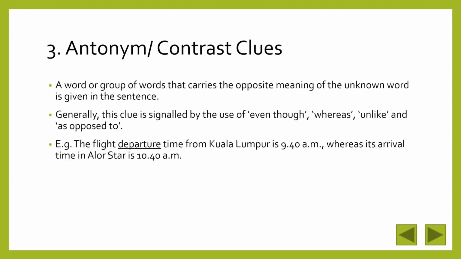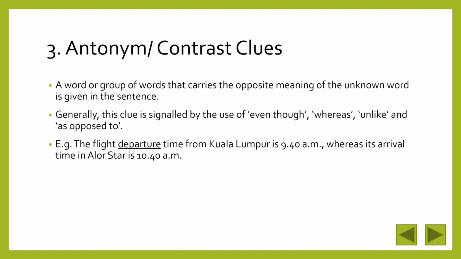Okay, and then this is another way around, antonym or contrast clues. A word or group of words that carries the opposite meaning of the unknown word is given in the sentence. Last time, it was synonyms which have the same meaning. This is the different or opposite meaning between the words.